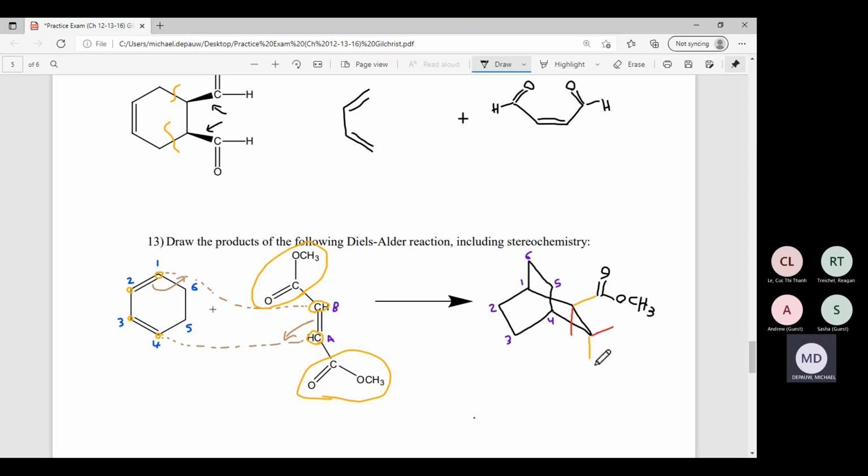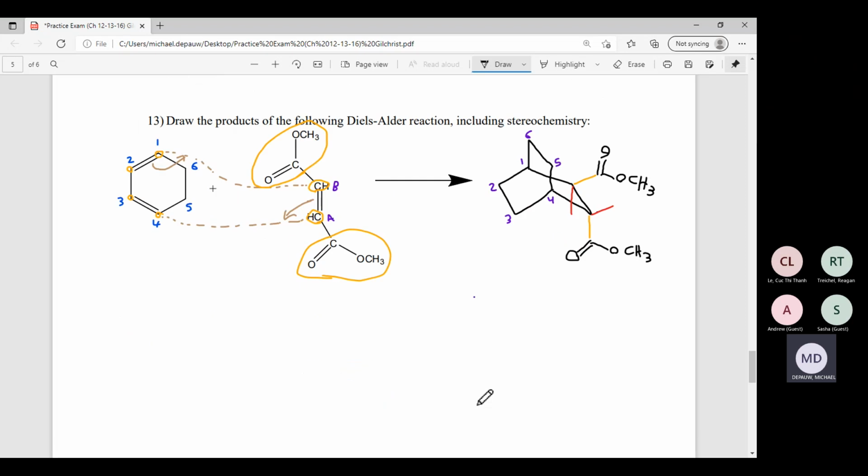And then I'll also have a C double bond O, single bond OCH3 in the down position here. So one's going to be up, the other one's going to be down relative to each other.